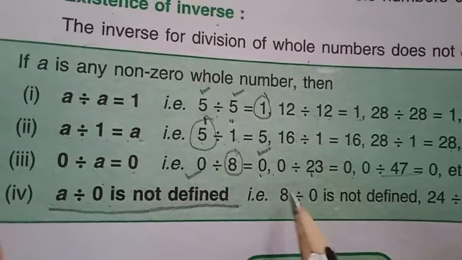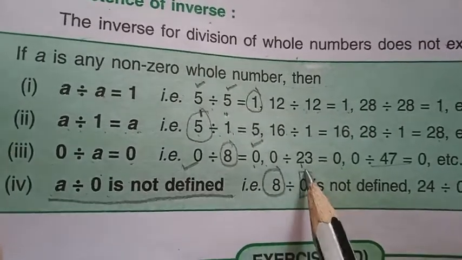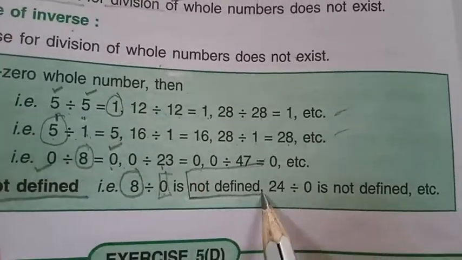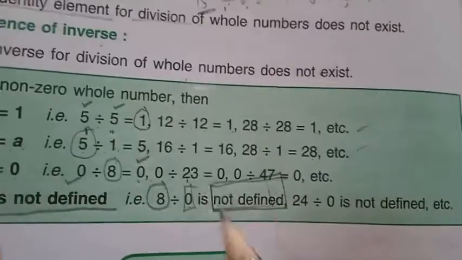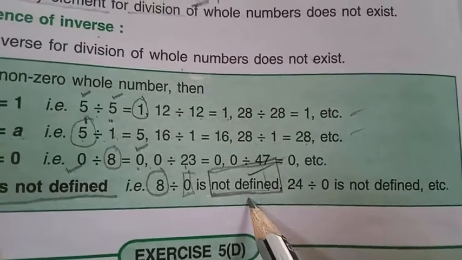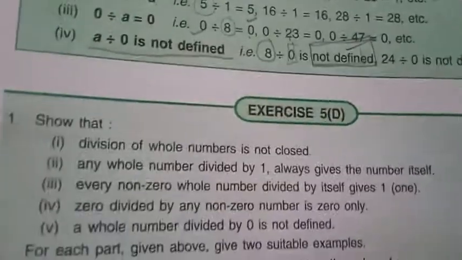It means I have 8 chocolates but I don't have anyone to divide them among. So nothing will happen. We say it is not defined. We don't write 0 either, but we say it is not defined in maths.